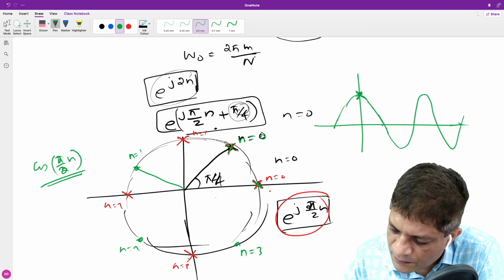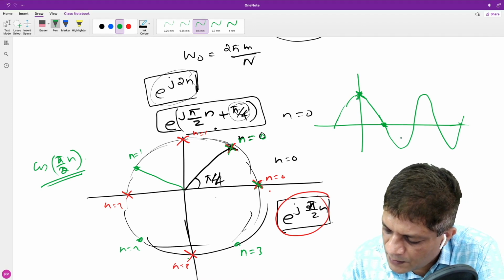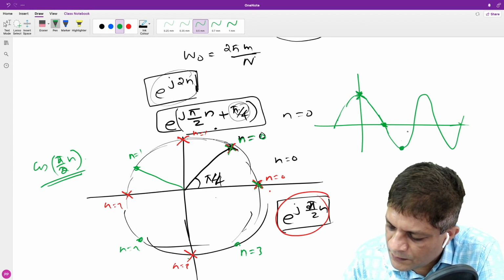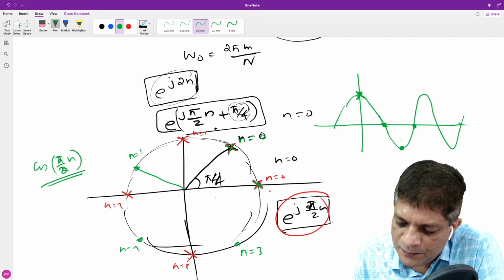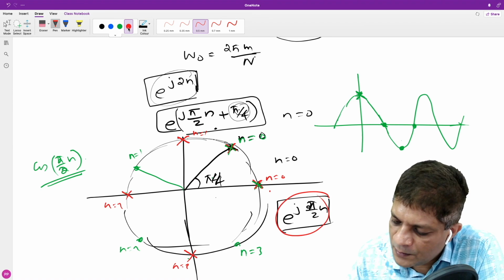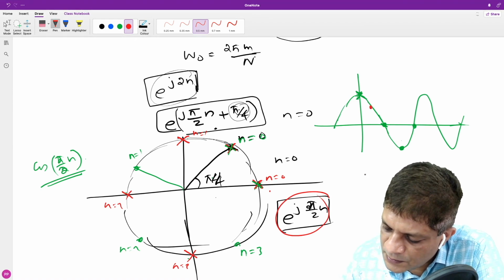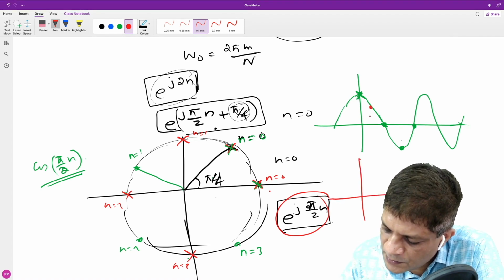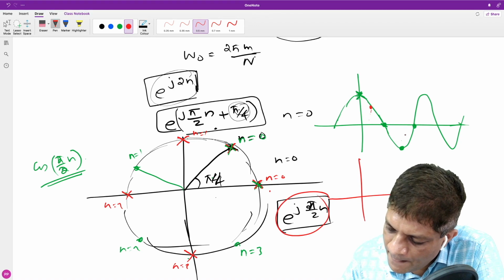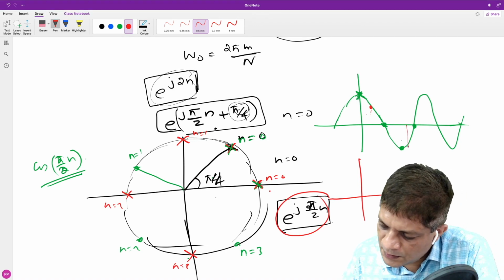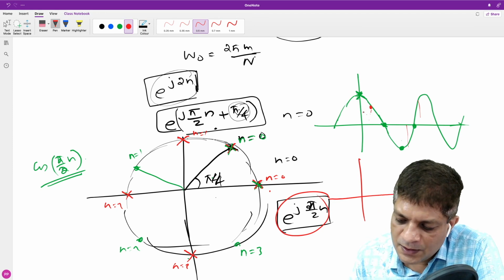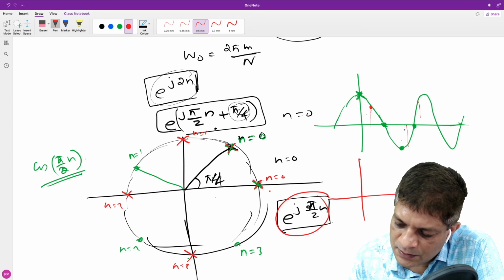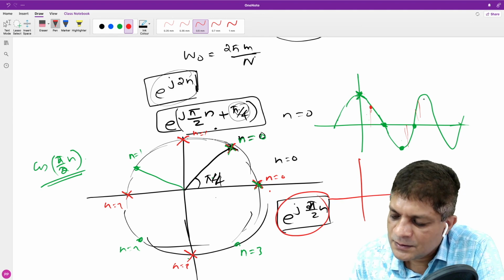This is the first value, this is the second sample, the third one, the fourth. Now if there is a phase shift of pi by 4, the first value is this one, so there is a shift like this. Now my question is, can we get this sequence by shifting this?